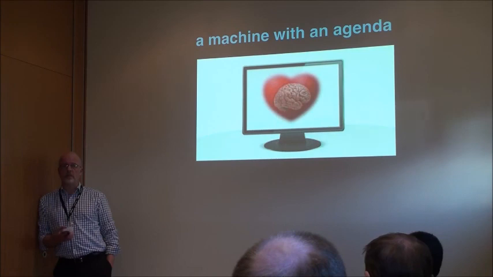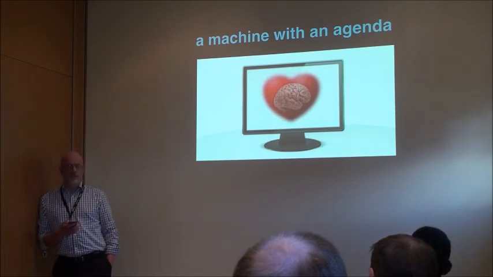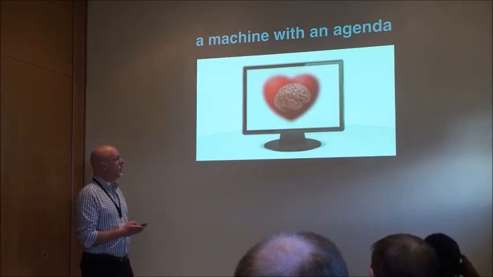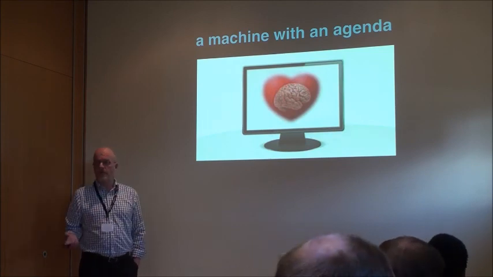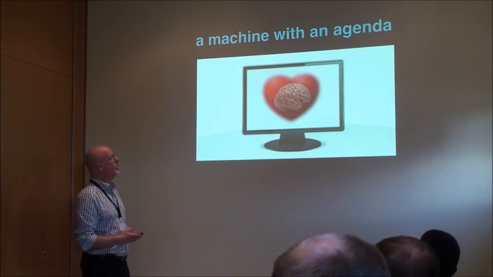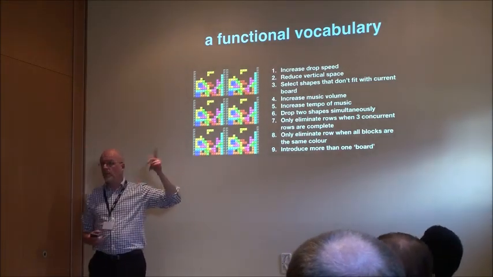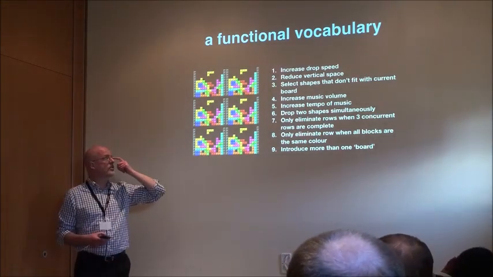We chose Tetris because we think it's a very simple game. But if you think about it, Tetris can be quite complicated if you're designing adaptations for it. If we wanted to make Tetris harder, we could do lots of different things. We could increase the drop speed, which is actually what we did, so the shapes drop down faster.